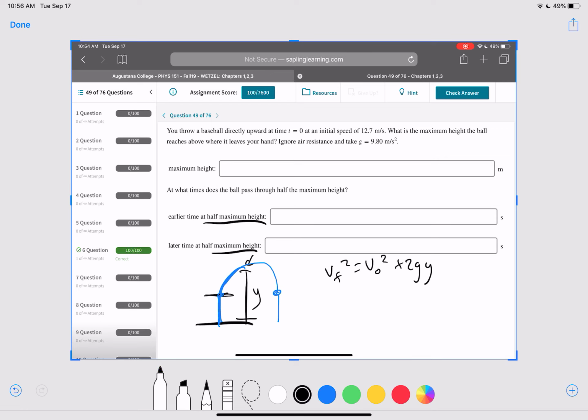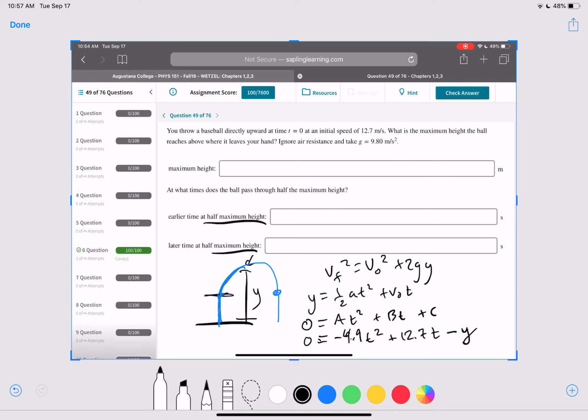Again, we'll have y is equal to 1/2 at squared plus v0t. And so to get the quadratic formula in the right format, we're going to have 0 is equal to at squared plus bt plus c. So we're going to have 0 is equal to negative 4.9 t squared plus 12.7 t, and then minus our max height, whatever that ends up being, y.